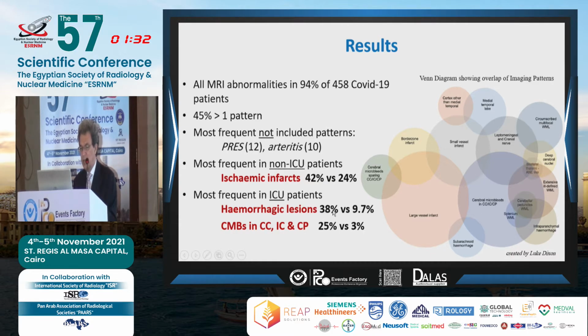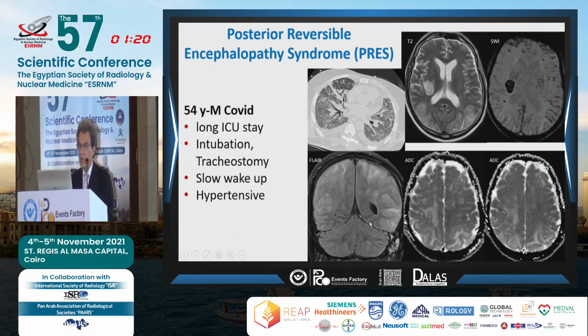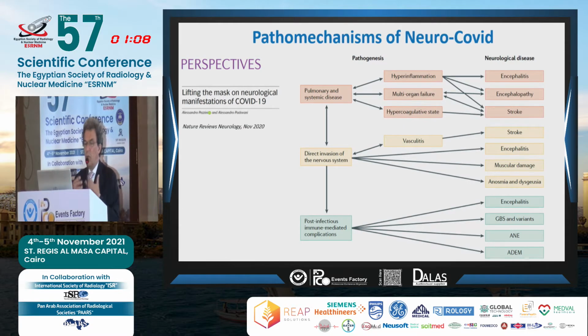This is almost 10%, this is almost 40%. Also, microhemorrhages were clearly more on the ITU or ICU than on the non-ICU patients. So this is just one of the patterns that we didn't have, a posterior reversible encephalopathy syndrome in a 54-year-old patient with COVID.